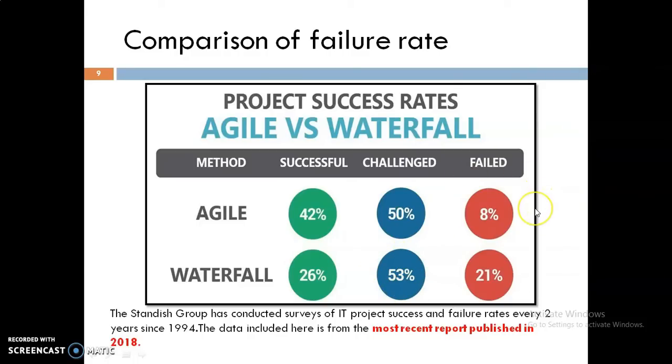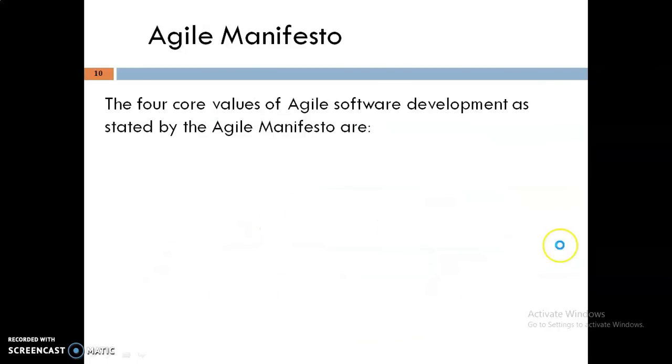The failure rate of agile software development is only 8%, but for waterfall it is 21%. This survey is provided by the Standish Group. They have been conducting this survey every 2 years since 1994, and the most recent report was published in 2018.